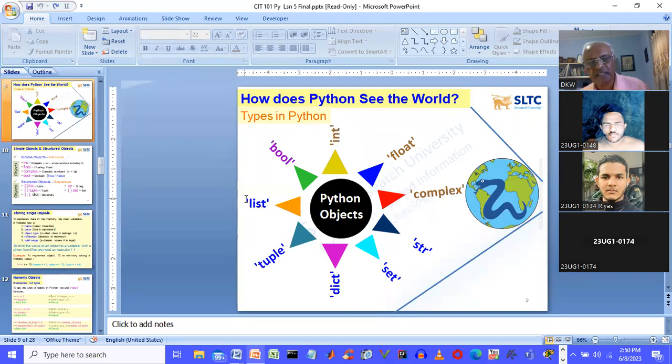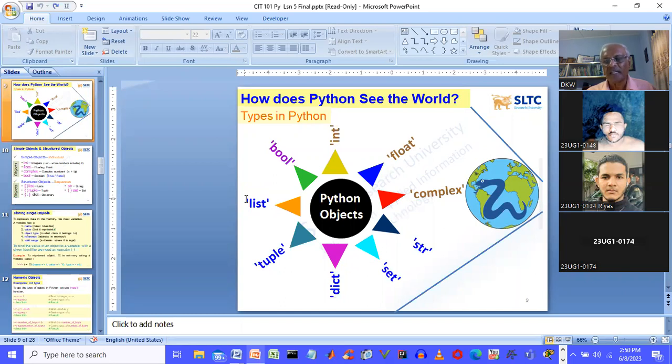If someone goes for 10, Python cannot handle it. So Python has divided all the objects in the world into 9 categories.